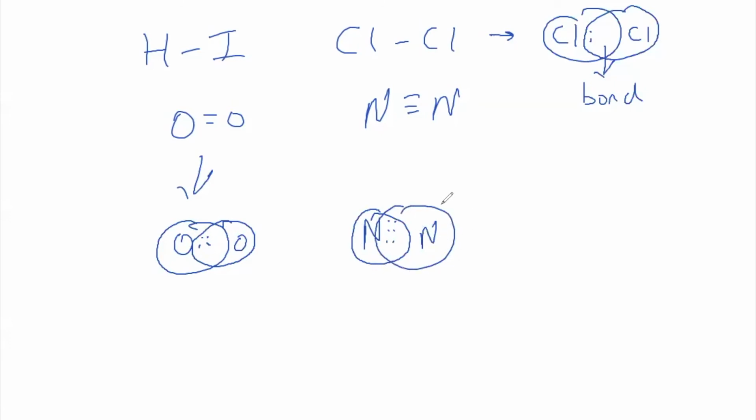Okay, makes sense. But then if there are 2 short ones, because there's HI and Cl2, how do you find the shortest bond between these 2 atoms? Oh, actually, this would be the longest right here. So this would be the longest and the weakest, because they're further apart.